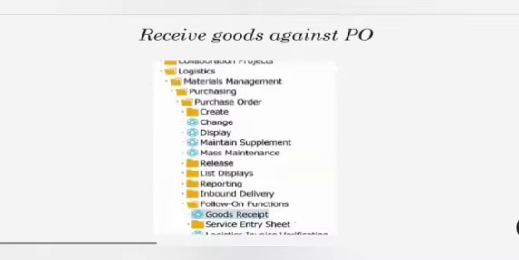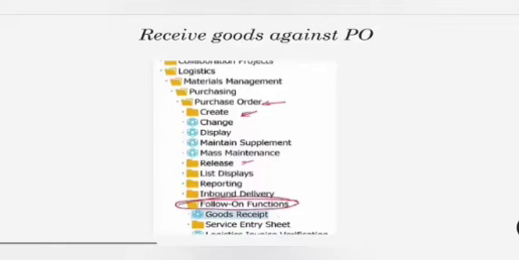Now let's go ahead and say the truck has come in, and we have to now receive the goods into our warehouse, right? How do you do that? Right in the purchase order hierarchy, we have different sections, right?